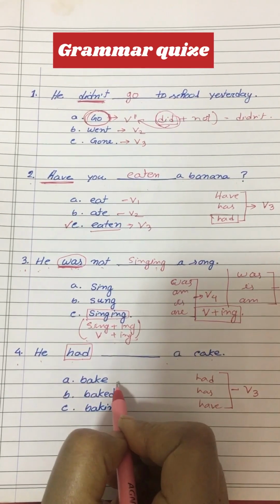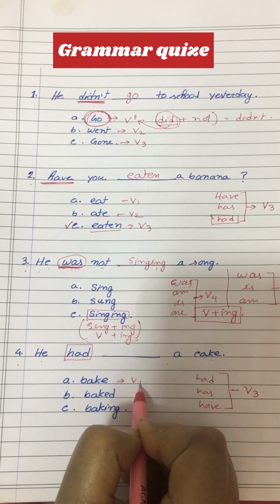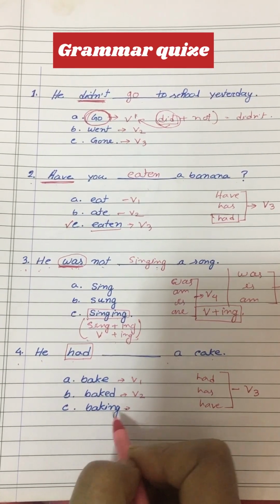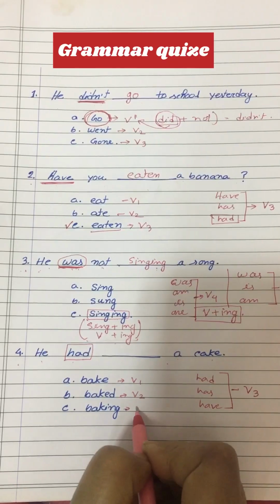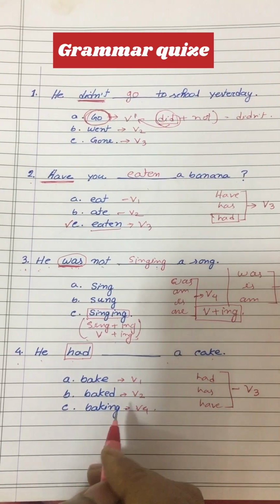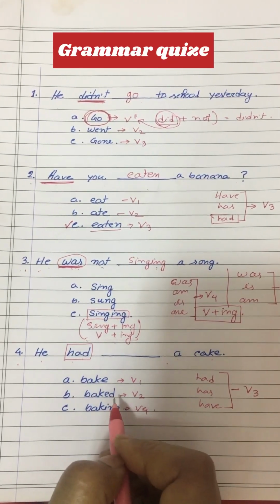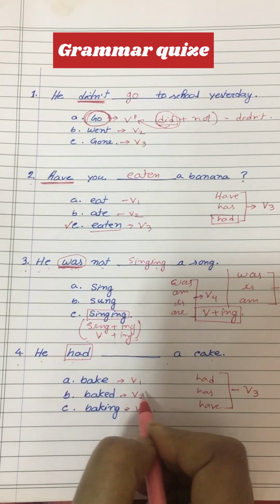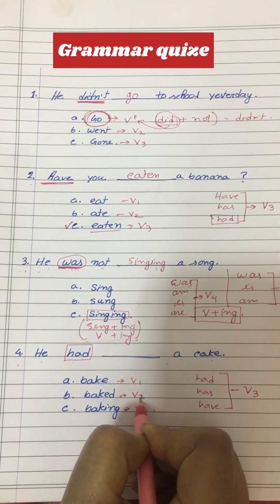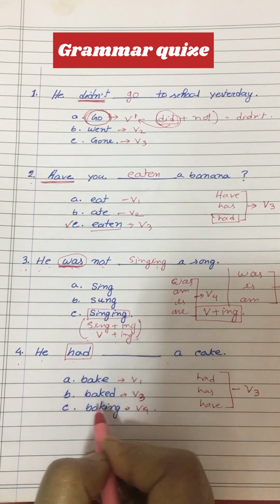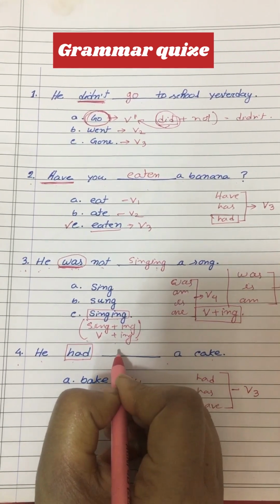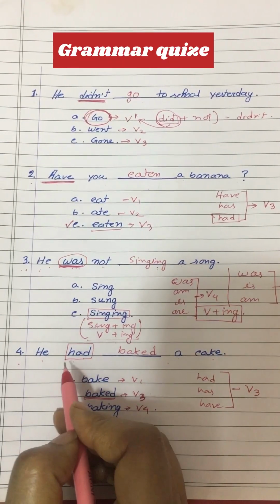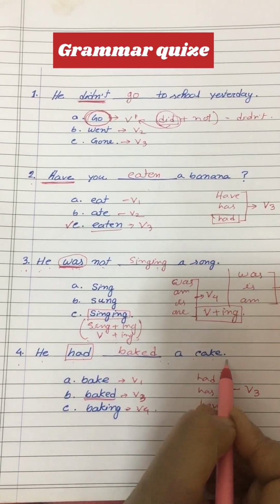Here bake is V1, baked is V2 and baking is V4. Okay, then which one we have to use? Baked, also the past participle form, also V3. So here baked, he had baked. He had baked a cake.